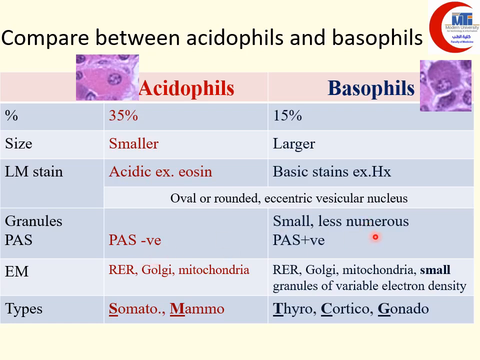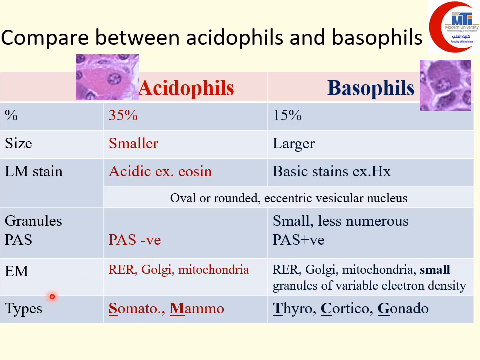But the granules inside basophils are glycoprotein in nature, so they are PAS positive. So when we stain pars distalis by one stain, we can differentiate between acidophils and basophils. This is the PAS stain. Basophils are strongly PAS positive, but acidophils are PAS negative.